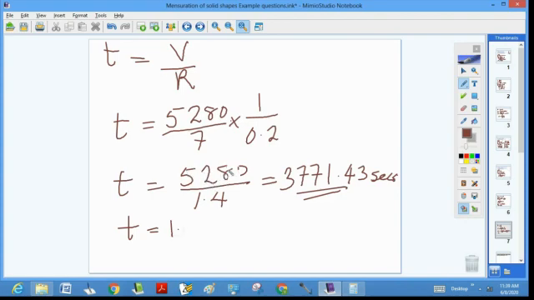When you divide by 3,600, I'm going to have it in about 1.285 hours.